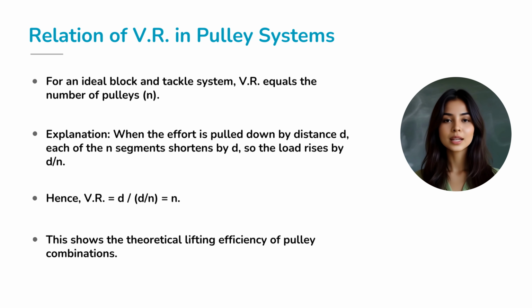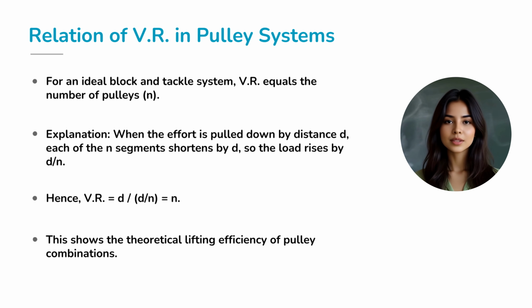Let's now understand the velocity ratio in pulley combinations. For an ideal block and tackle system, the velocity ratio equals the number of pulleys, which is N. Here's the reasoning. Suppose the effort is pulled downward by a distance d. Then, each of the N rope segments shortens by the same distance d.